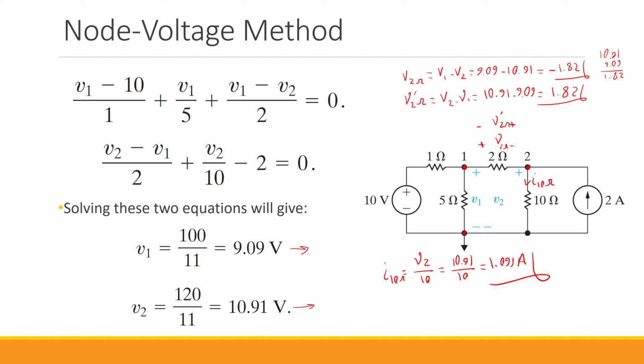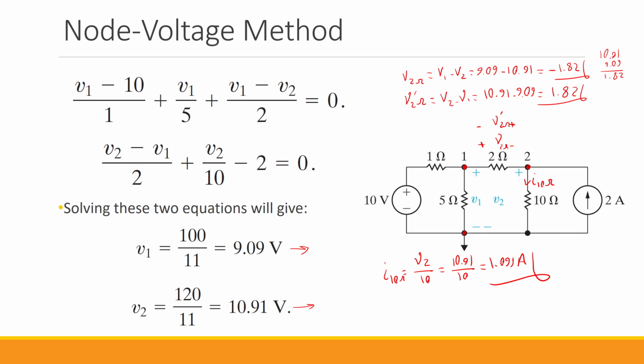So the node voltage method and the mesh current method are ways for us to get the bare minimum number of equations that we need to solve in order to be able to say we have solved the whole circuit. So we get to a point where everything else can be done with simple algebra without the need to solve simultaneous linear equations.